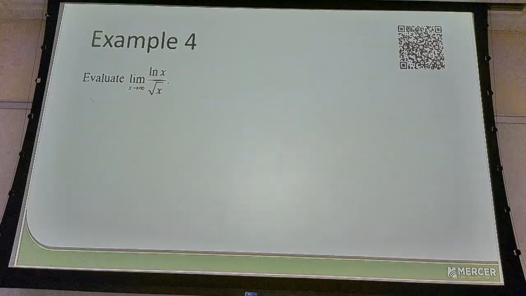Okay, now it's infinity. What do you get when you plug in infinity? Right, log of an infinitely large number is infinitely large, and square root of an infinitely large number is infinitely large.